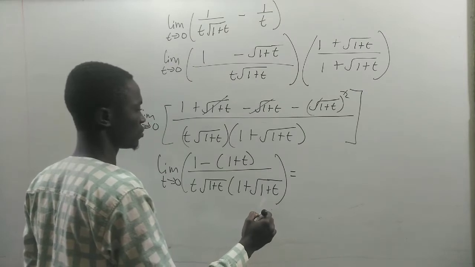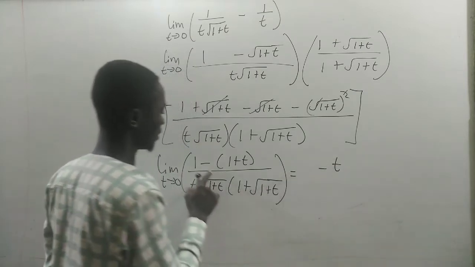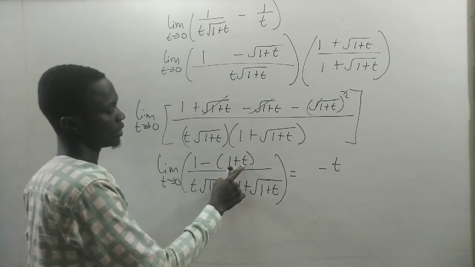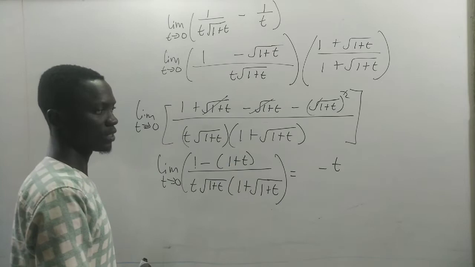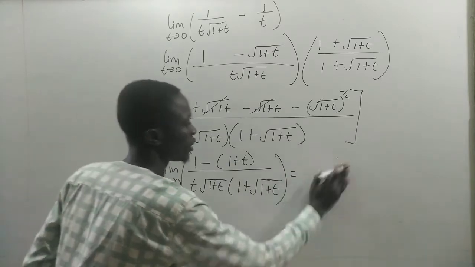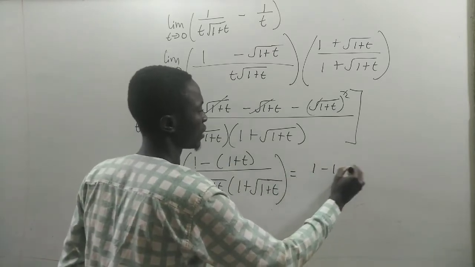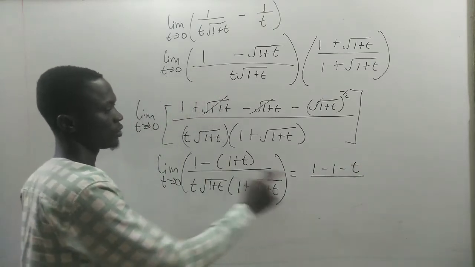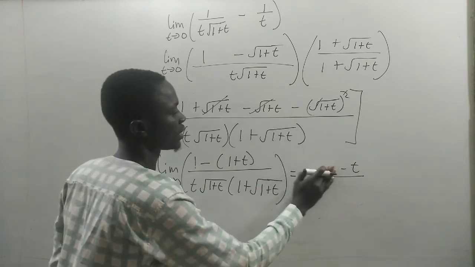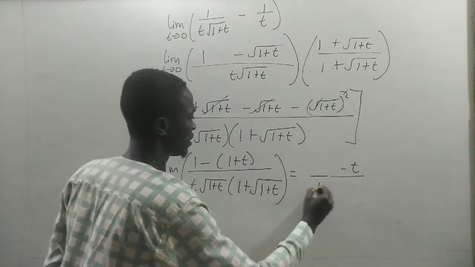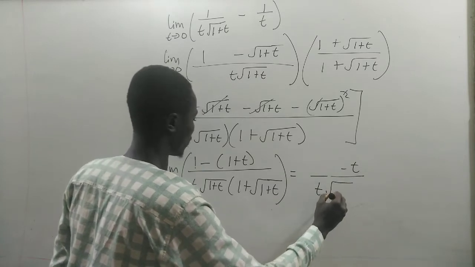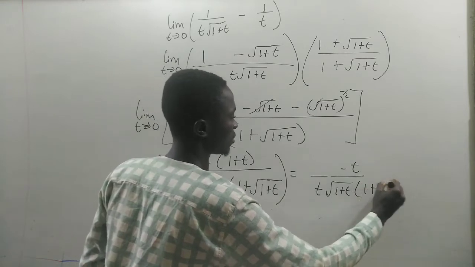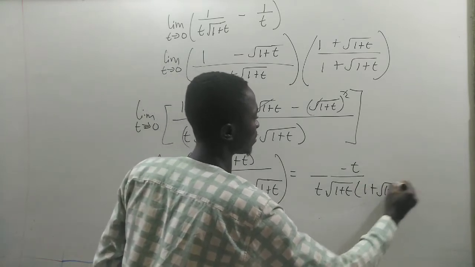This is equal to negative t, that is negative 1 minus t. So 1 minus 1 will give us 0. Very simple as that. Or let us expand. You have 1 minus t divided by, have you seen that? So here 1 minus 1 is 0, so you can turn that one off. Then you have t times root of 1 plus t times 1 plus root of 1 plus t.